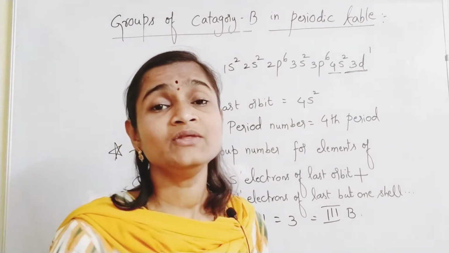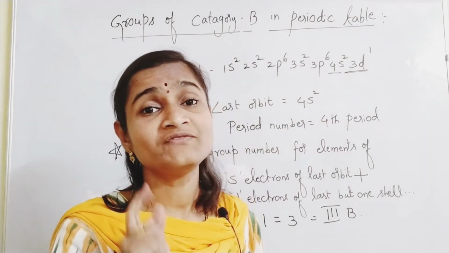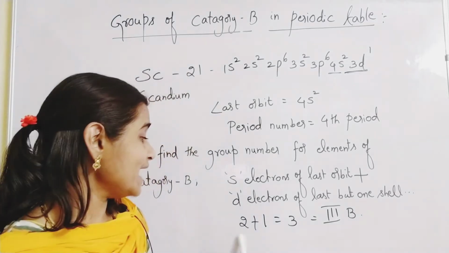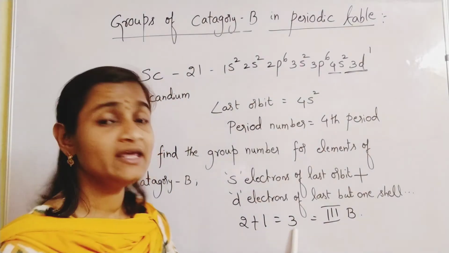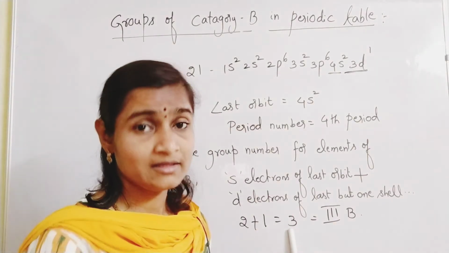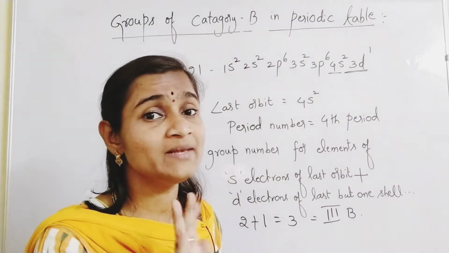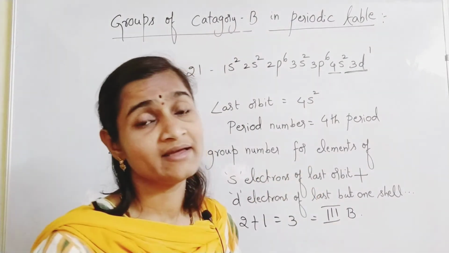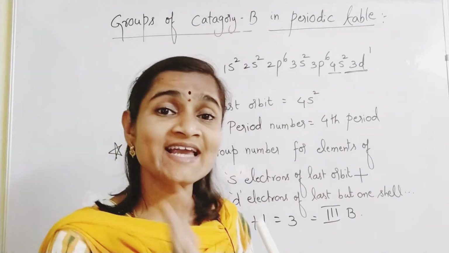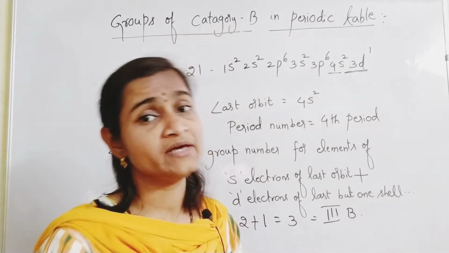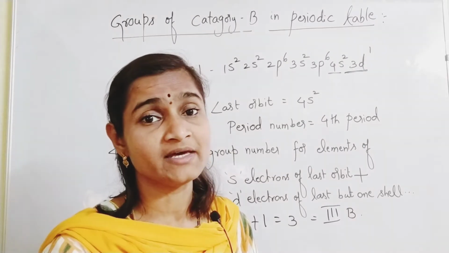But here you have one condition to follow. By adding these two numbers, if you get a number less than 8, that number itself will be the group number of that element. If you get exactly 8, then that element belongs to the 8th B group.